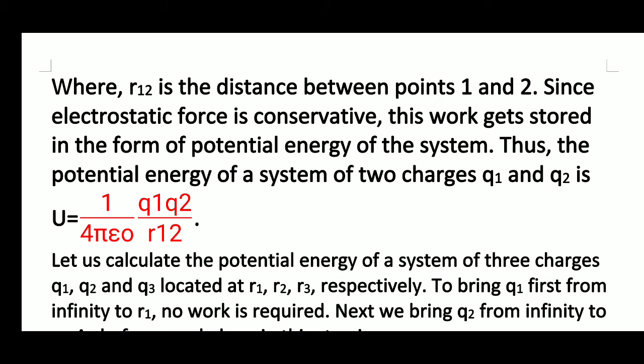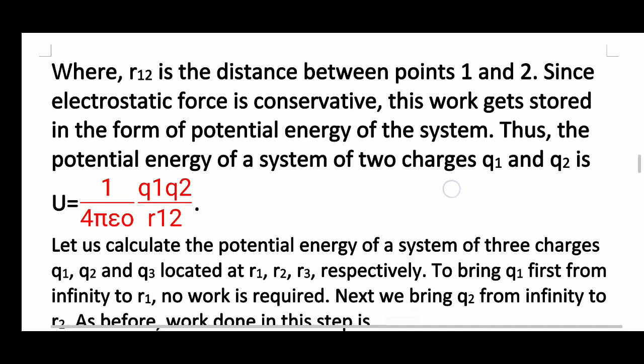Since electrostatic force is a conservative force, this work gets stored in the form of potential energy of the system. Thus, the potential energy of a system of two charges q1 and q2 is U equal to 1 upon 4 pi epsilon naught q1 q2 upon r12.